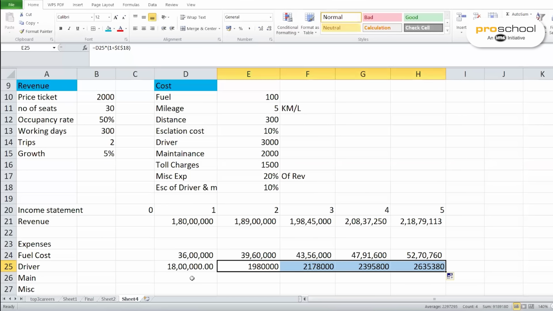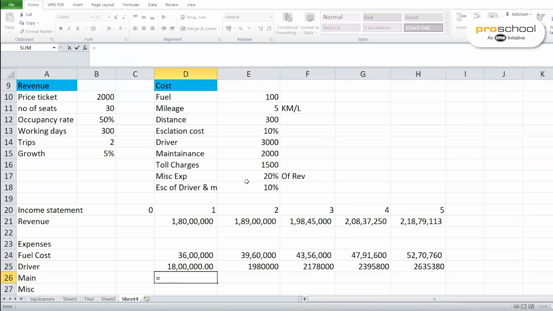Same goes for the maintenance. Now the maintenance cost is 2,000 into 2 trips into 300 working days, right? So the cost will be 12 lakhs. Again, it is also escalating.